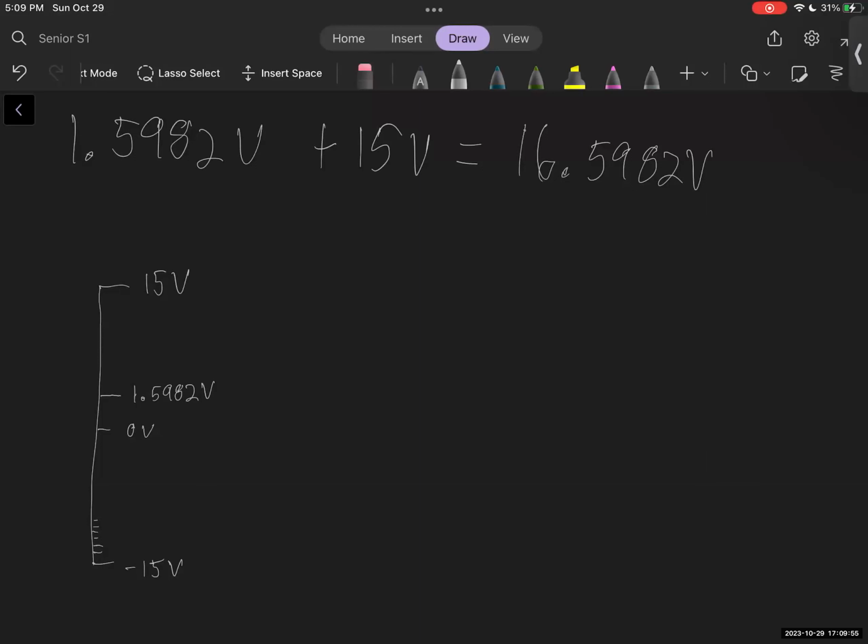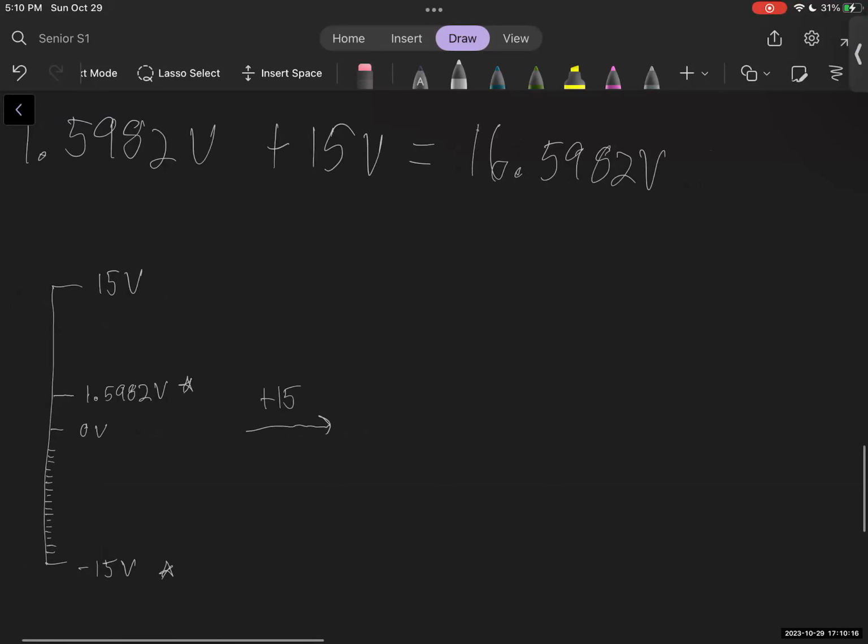Keep in mind, this whole thing is made up of a bunch of discrete steps, right? And we want to count the total number of steps between the bottom, which is our -15, and our input value. The easiest way to do that is to add 15, and that shifts it so it looks like this.